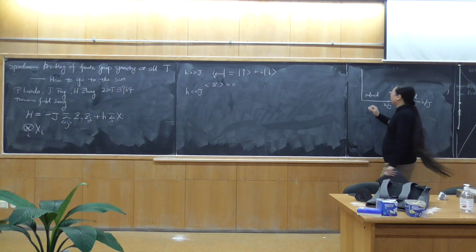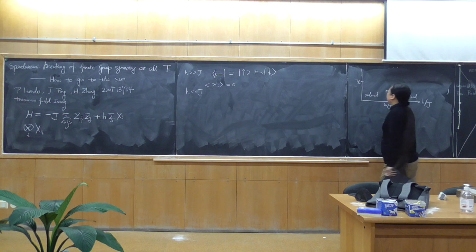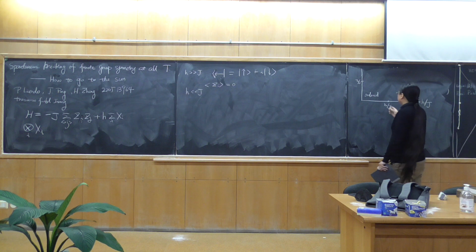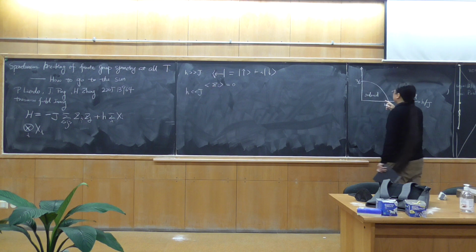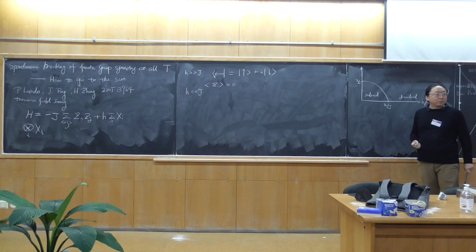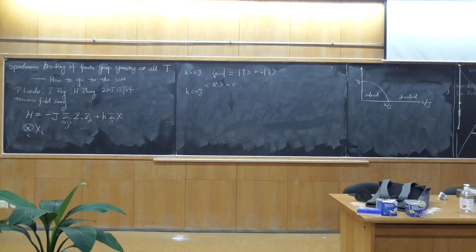But we also know at some critical temperature Tc over g, above which the system goes into the disordered phase. So in reality, what the phase diagram looks like is this. You will have a line that connects these, and your ordered phase is constrained in this subregion of your phase diagram.